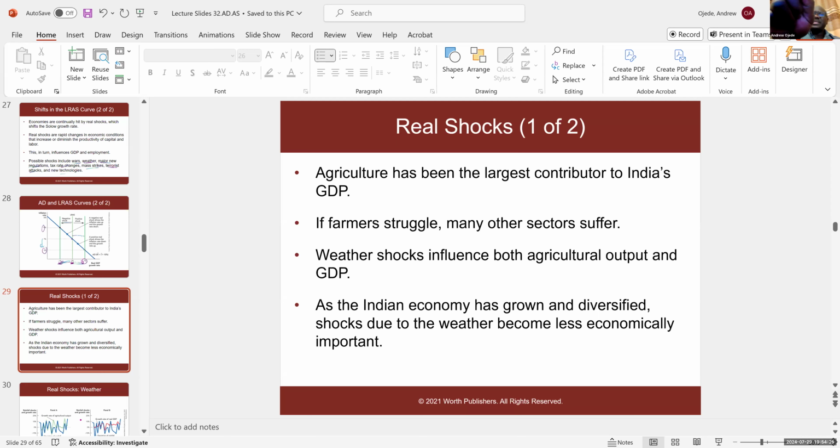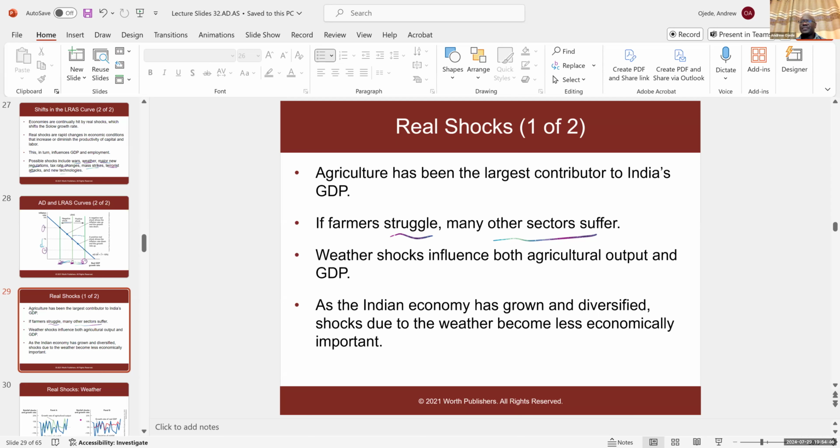But if farmers in India are struggling, maybe because of bad weather, many other sectors are going to suffer, because agricultural output, if it's the biggest output in GDP, is connected to other sectors of the economy. The agricultural sector can be connected to the manufacturing sector and to a whole host of other sectors.